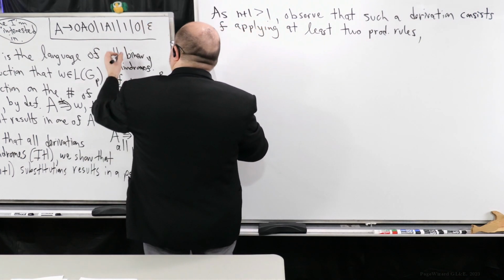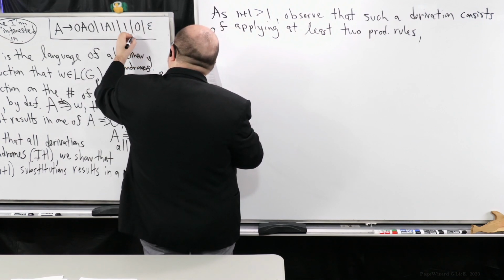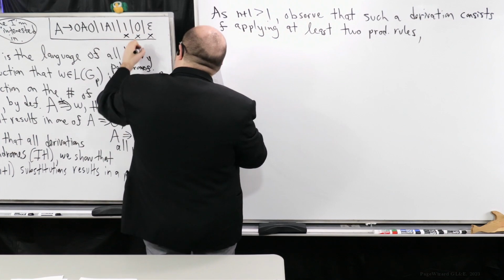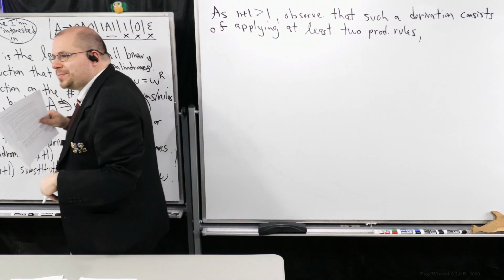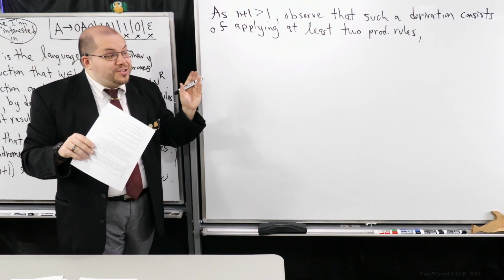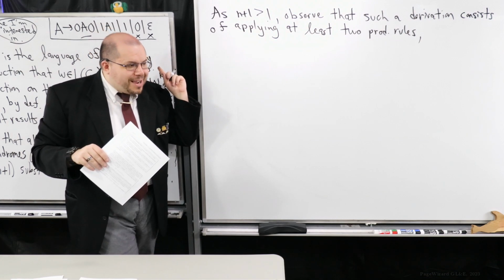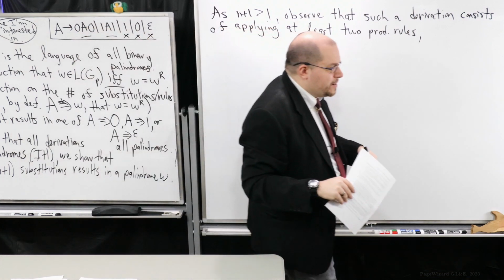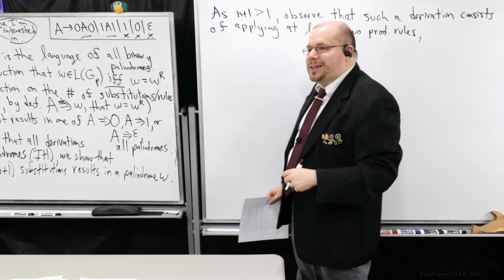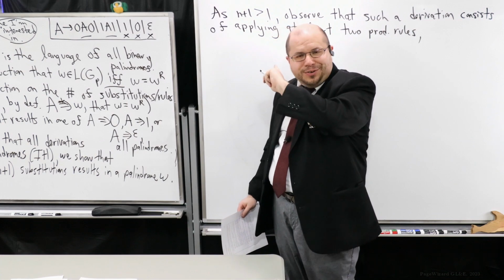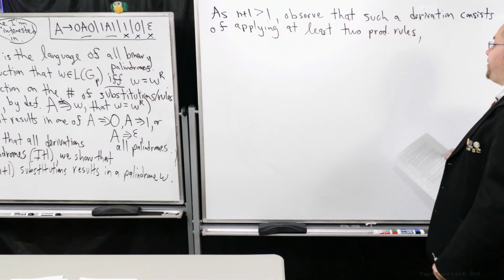You know right away it's not this one, right? It's not that one, because that one will get you right to a terminal string. Same with this one, same with that one. So you know it's either going to be this one or that one that gets used. That's the one you start off with. Notice that the way this is designed, it forces us to pick either one of those production rules. It has to be one of those 2 in the induction step because of how many production rules we have to use.